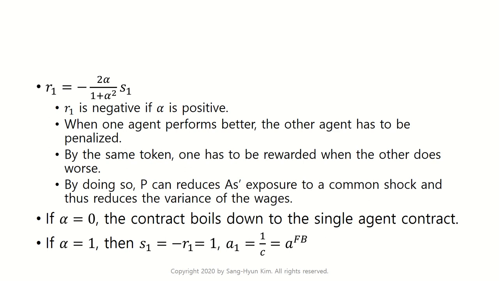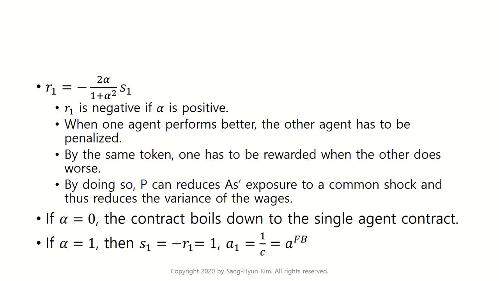And if alpha is 1, then you can see that S1 is 1. What does this S1 equals 1 mean? It means the incentive is very strong. It is the full incentive.